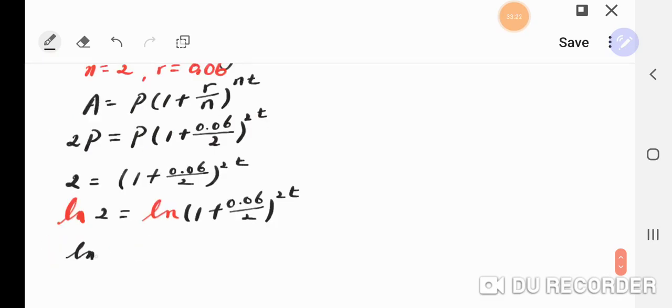So the left hand side is natural logarithm of 2, and the exponent 2t moves to the front, and the ln stays.